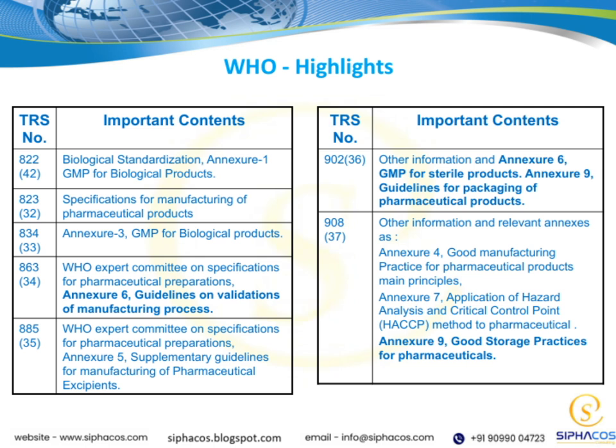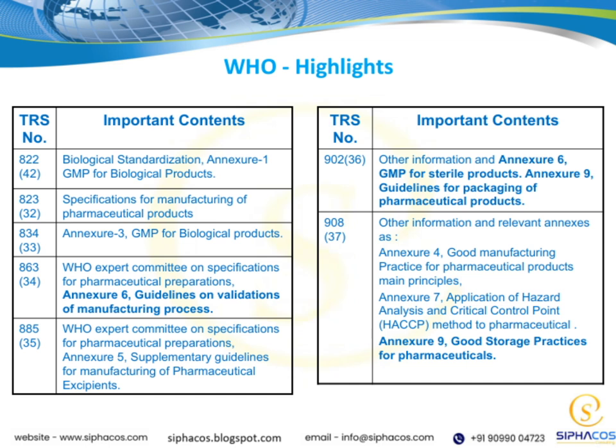For example, Annexure 4 outlines the main principles of good manufacturing practice for pharmaceutical products, serving as a foundation for quality assurance. Annexure 7 discusses the application of the HACCP method, a systematic approach to identifying and controlling hazards in pharmaceutical manufacturing.